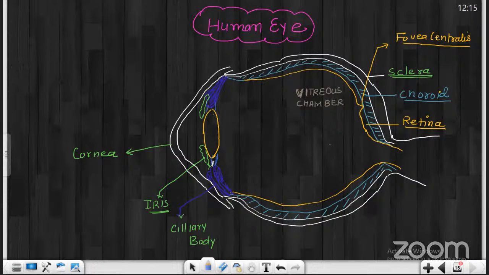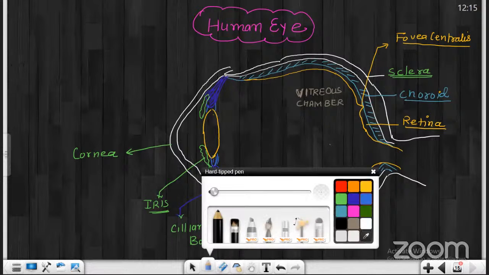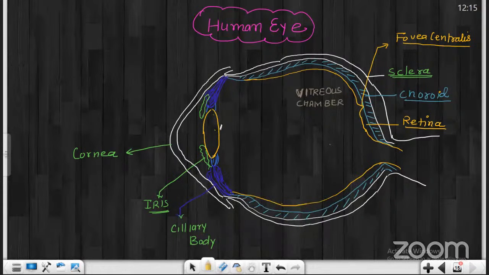It is held like this. Ligaments होते हैं जो held करते हैं. And this is the lens exactly. ये हमारा हो गया lens, which is basically responsible for focusing the light which is coming inside, the focusing of light on the retina. Image formations के लिए responsible है.